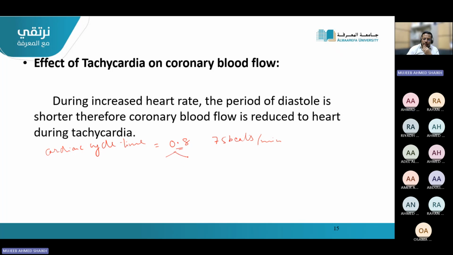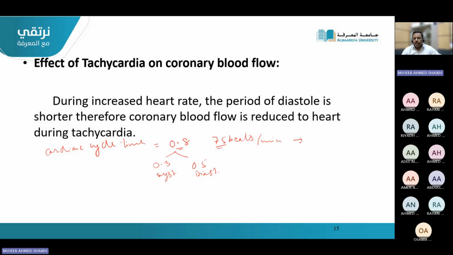Okay, out of this 0.8, how much is systole and how much is diastole? It is 0.3 systole and 0.5 diastole. This is how it is distributed if the heart rate is 75 beats per minute.